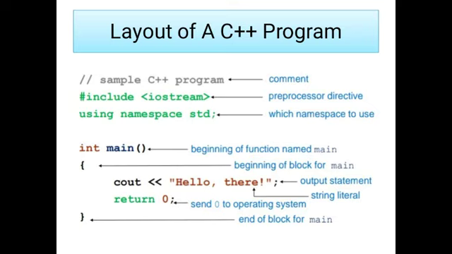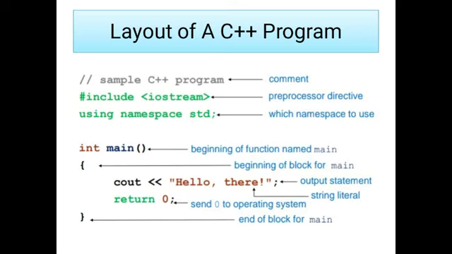This starts with a pound sign or hashtag sign. This line is hashtag include iostream. Then comes using namespace std, which is telling the compiler that we are using the standard namespace. Then comes int main. This is the beginning of a function named main.